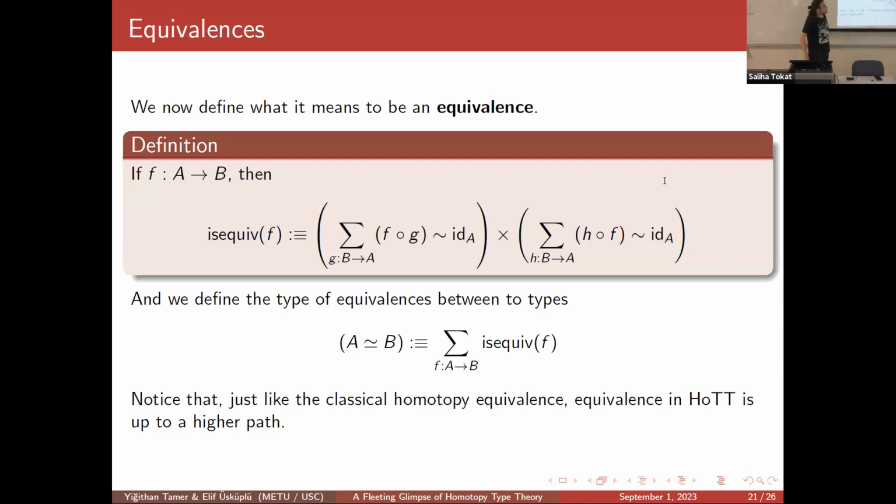Equivalence of spaces is up to a higher path, so up to a second level path. This is what's happening over here. We define the type of equivalences between types like this: the set of all pairs where f is a function from A to B, and the second thing is a proof that it's an equivalence. So you can think of this like a subtype.